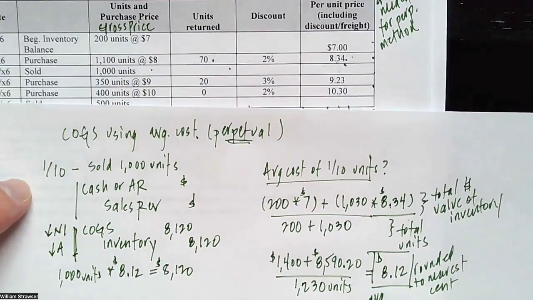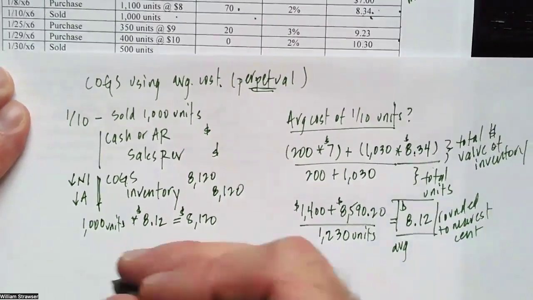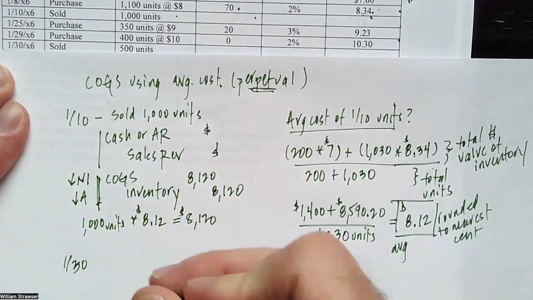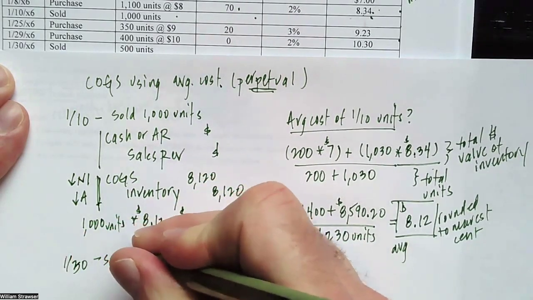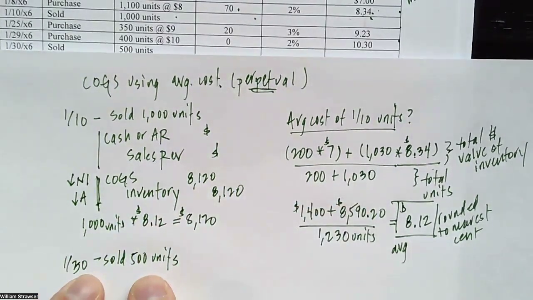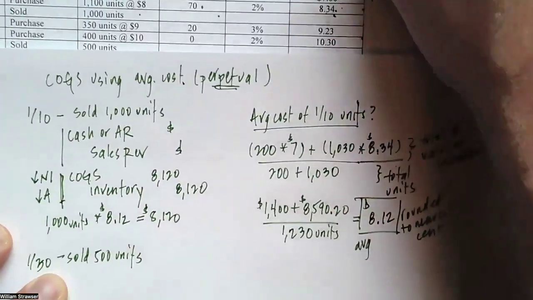Now we have to consider the sell at the end of the period on January 30th. So on 130, I sold 500 units. And we need to figure out what the average cost of the 500 units was that I sold.